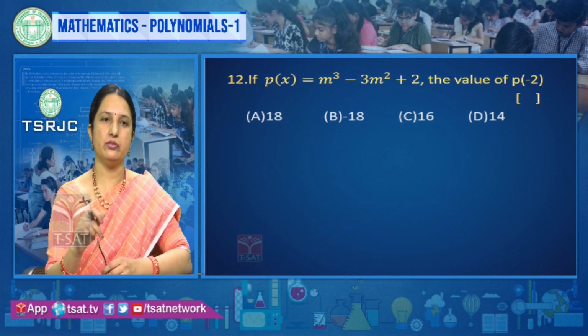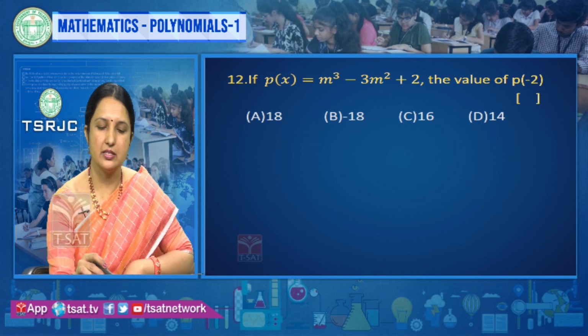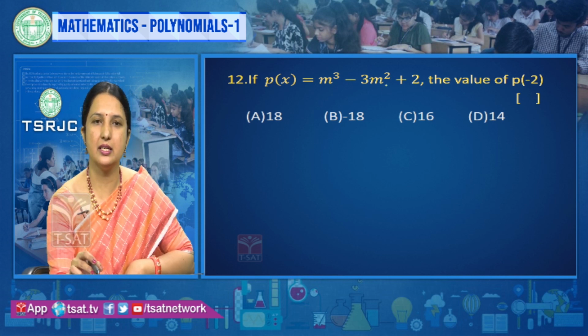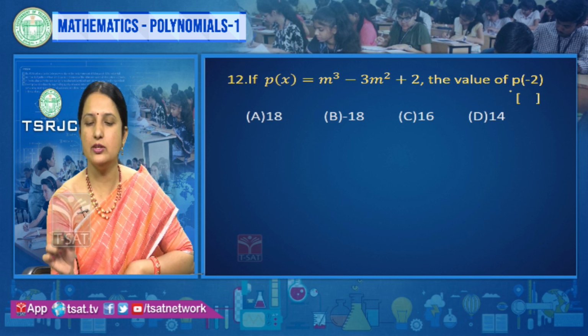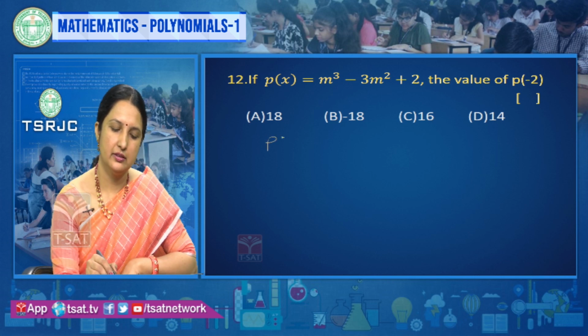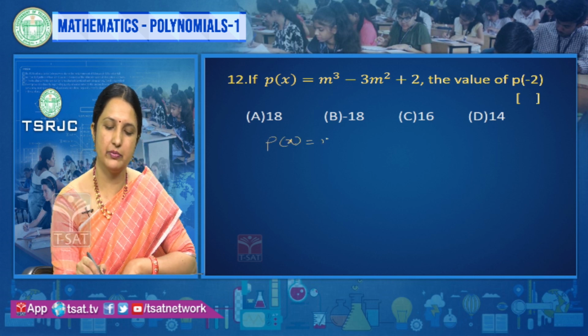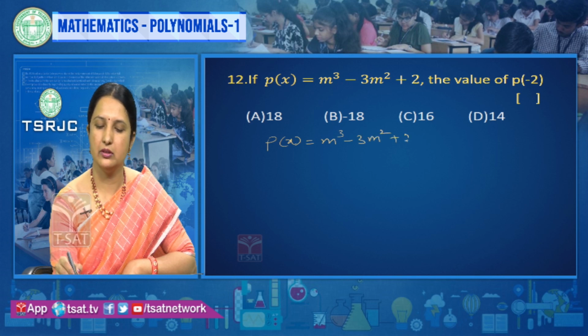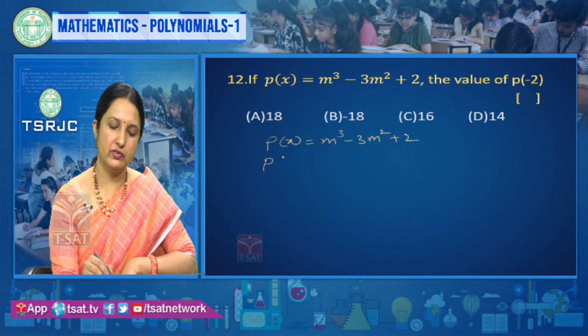Next, question number 12. If P of x equals m power 3 minus 3 into m power 2 plus 2, the value of P of minus 2. First you write P of x equals m cube minus 3m square plus 2. P of minus 2 we have to find out.